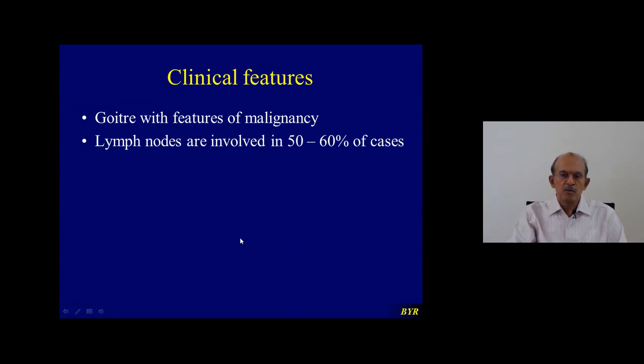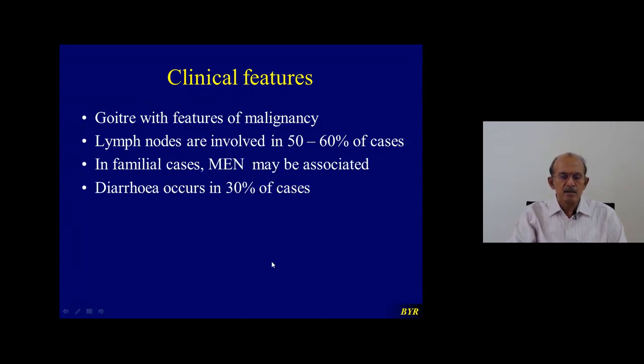Lymph nodes are involved in 50 to 60% of the cases. In familial cases, MEN may be associated. Diarrhea occurs in 30% of the cases because the tumor secretes 5-hydroxytryptamine, so it can produce diarrhea.